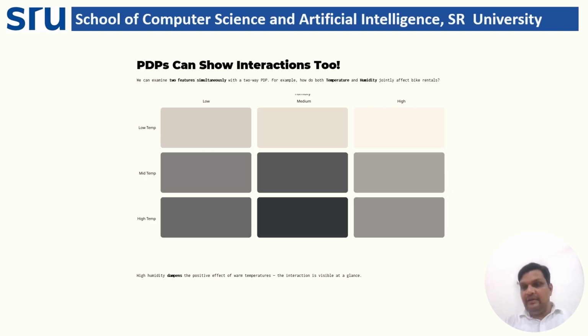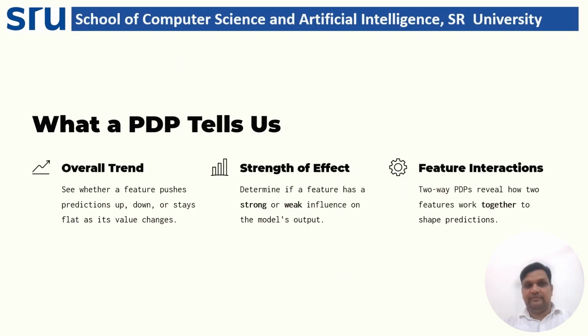What does PDP tell us? With PDP, we learn the direction of influence, the strength of effect, and interaction between features. It gives us a strong big picture understanding.